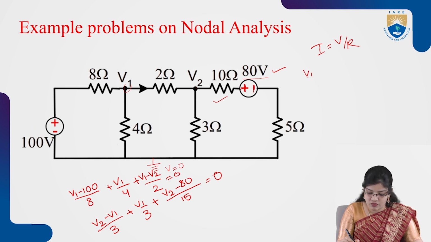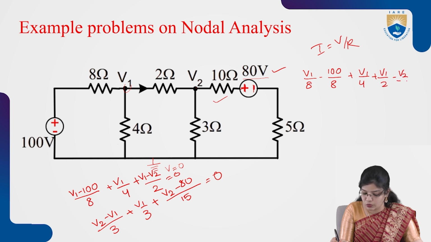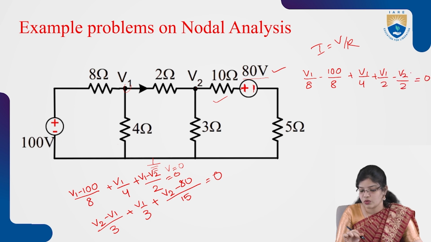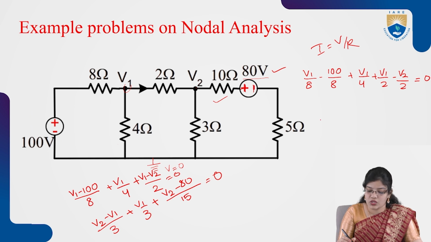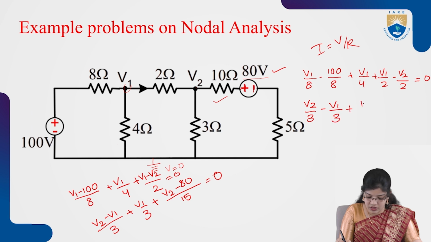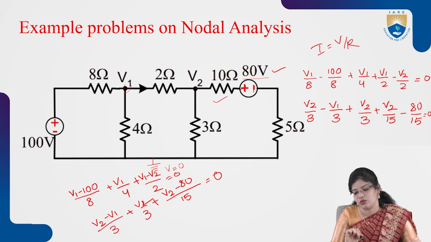I am writing it as V1 by 8 minus 100 by 8 plus V1 by 4 plus V1 by 2 minus V2 by 2 equals 0. This is for the first equation, and the second equation will be written as V2 by 3 minus V1 by 3 plus V2 by 3 plus V2 by 15 minus 80 by 15 equals 0.